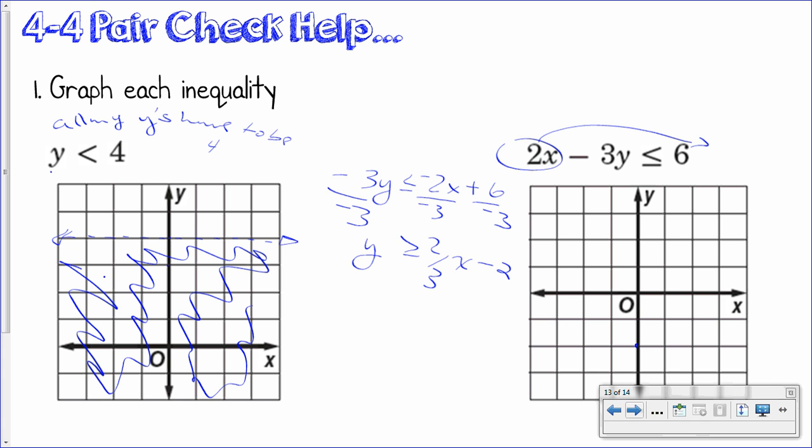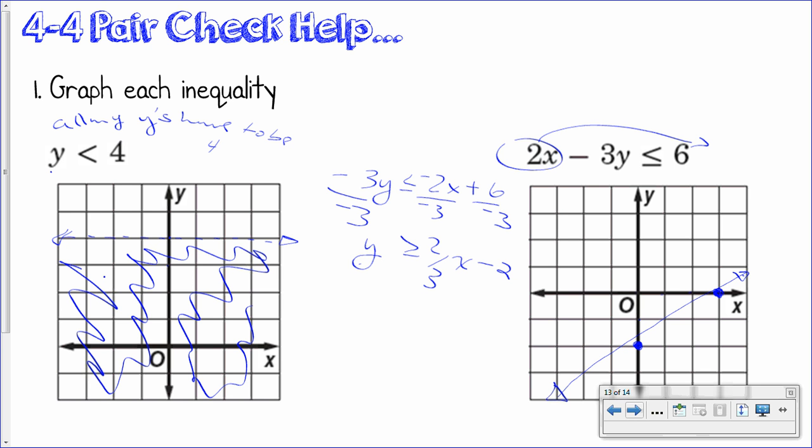Start down here, negative 2. Up 3, right 3. Solid or dash line? Above or below? Above. It opens up to the line.